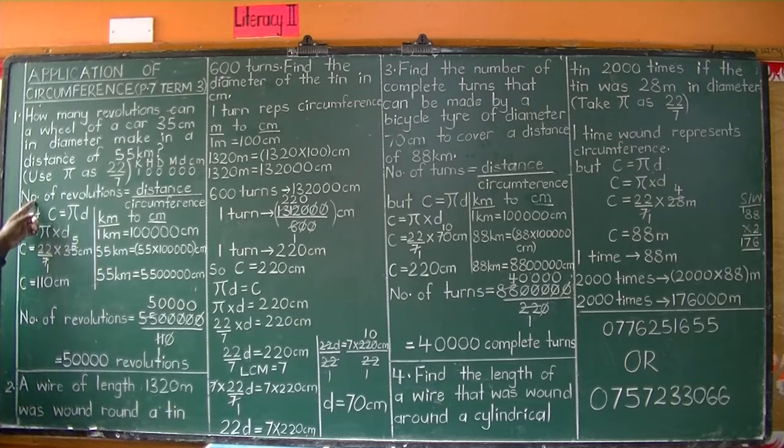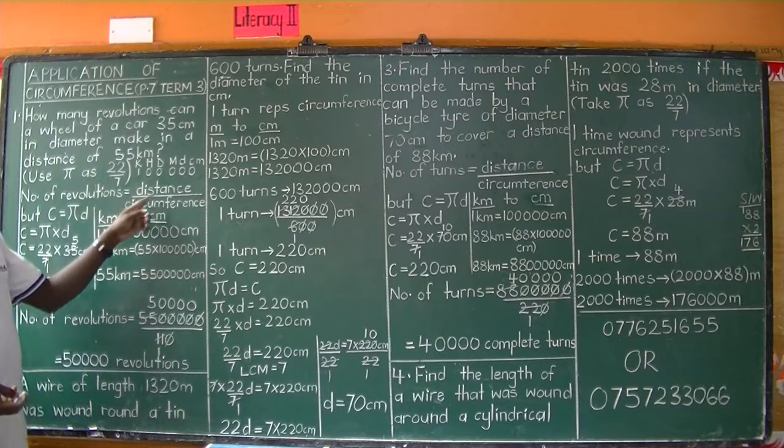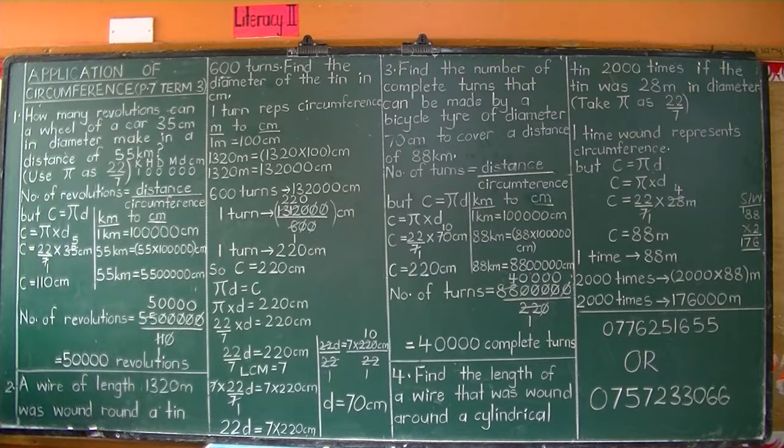Now, we must know this formula: number of revolutions is equal to distance divided by circumference, where the distance we have as 55 kilometers. Now, what of circumference? Circumference equals pi d.